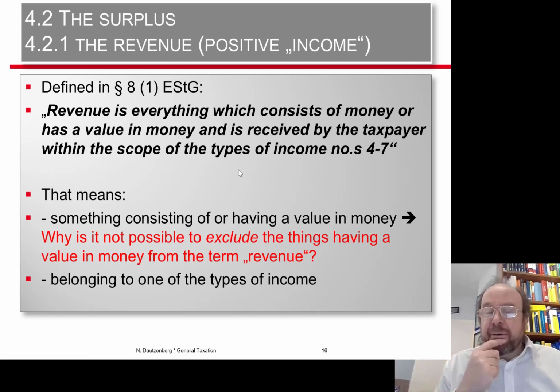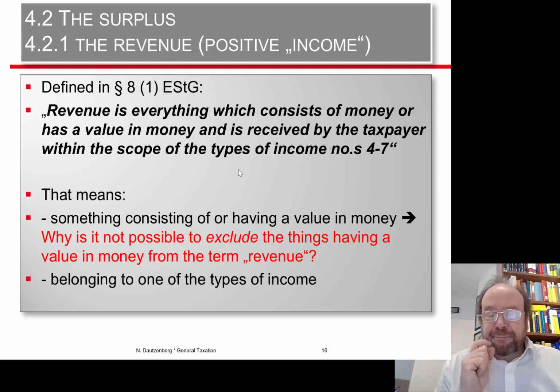The definition for revenue is probably the thing which interests us at the beginning and immediately. Revenue, we can read there, is everything which consists of money or which has a value in money and which is received by the taxpayer within the scope of the types of income numbers 4 to 7.